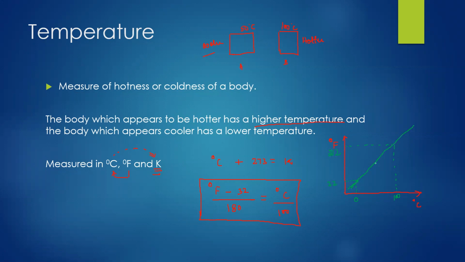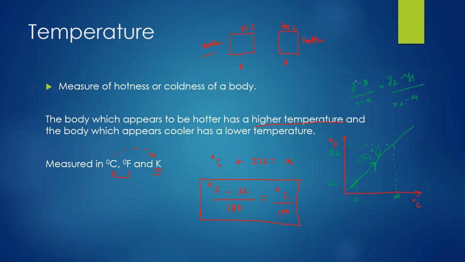Let's take any point on this line which has coordinates degree F comma degree C. We can use the equation of a line: (y minus y1) upon (x minus x1) is equal to (y2 minus y1) upon (x2 minus x1).